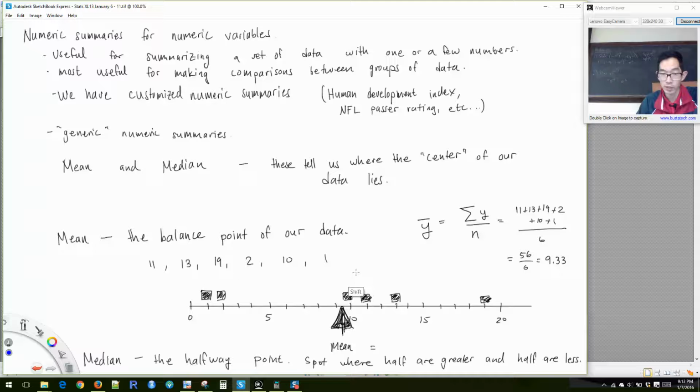So the median here would go right there. All right. Is that okay? And if you have larger data sets, this diagram, by the way, is known as a dot plot. I drew little boxes, but if you have more data points, you would probably just put dots.